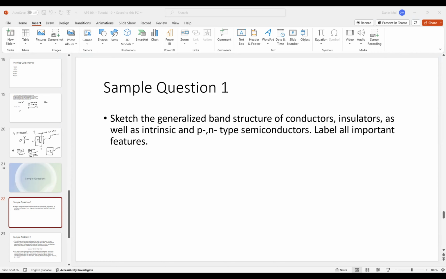And then that's an insulator. For some reason my pen doesn't want to work. So then we have a band gap there.